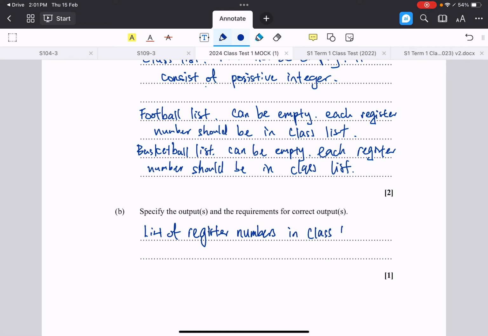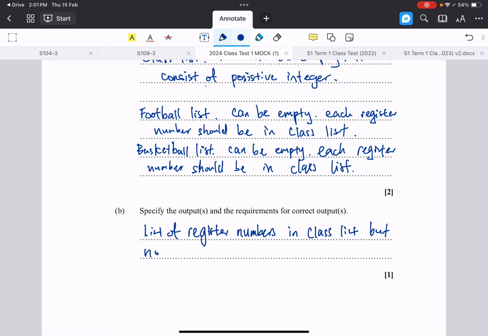Okay, so it must be part of the class, but not in the football list and also not in the basketball list. So that's the output that we will eventually want to get.